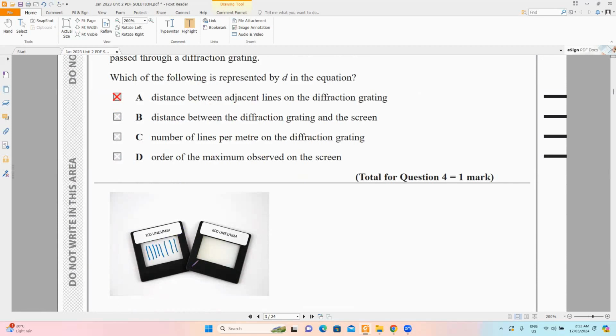This is a few lines in maybe some millimeters, and since this one has more lines, it has more lines per millimeter. So the distance between two lines is what you call d. This is d, the distance between adjacent lines on the diffraction grating.